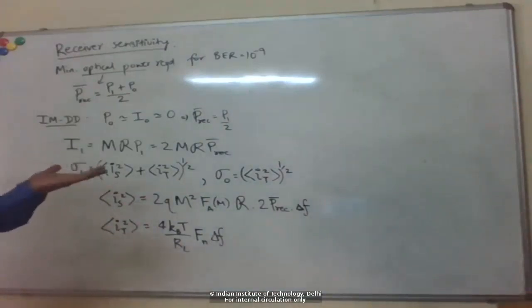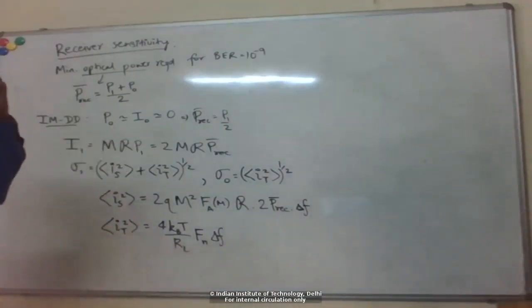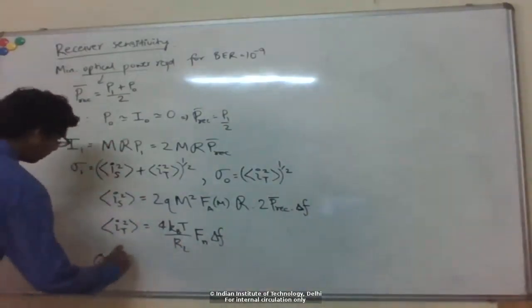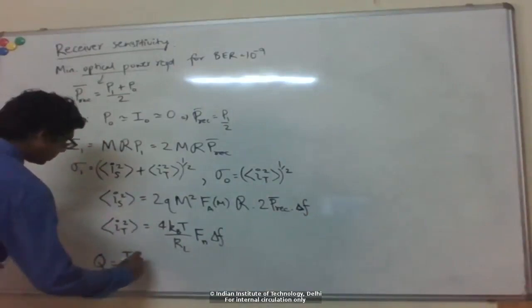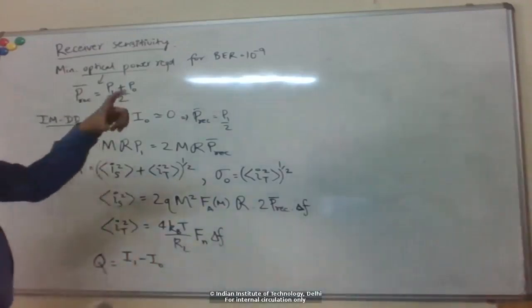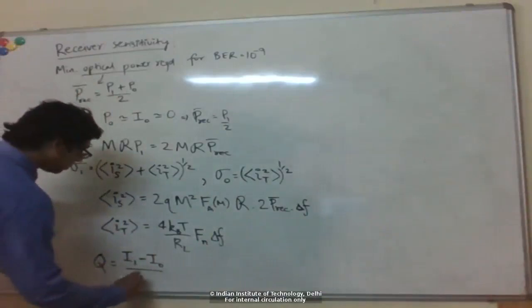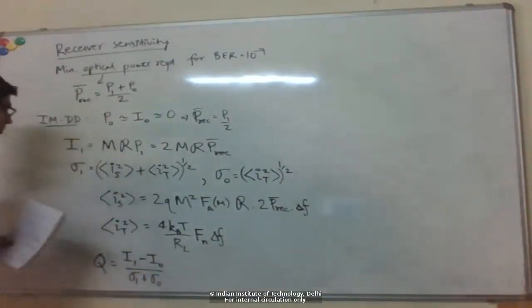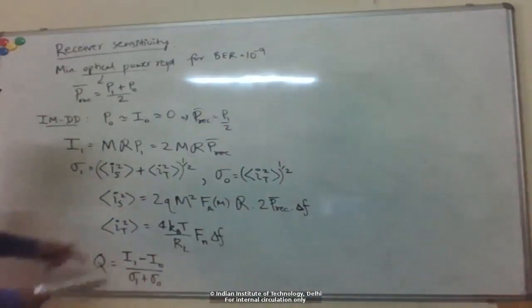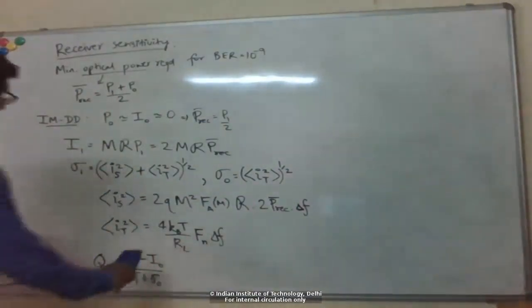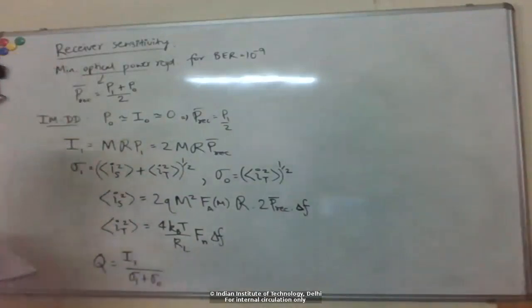It was some complementary error function of this Q factor, right? And the Q factor was defined as the difference in the currents between bit zeros and ones, right? So sort of like the signal level or the opening of the eye, right? Divided by the total noise, which is sigma 1 plus sigma 0. So in this case, again, I0 is 0 for IMDD. So this is just I1 in the numerator.